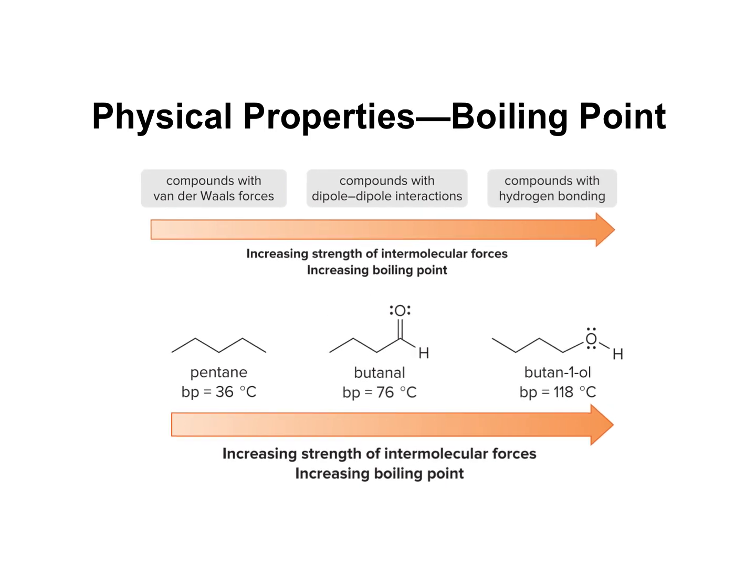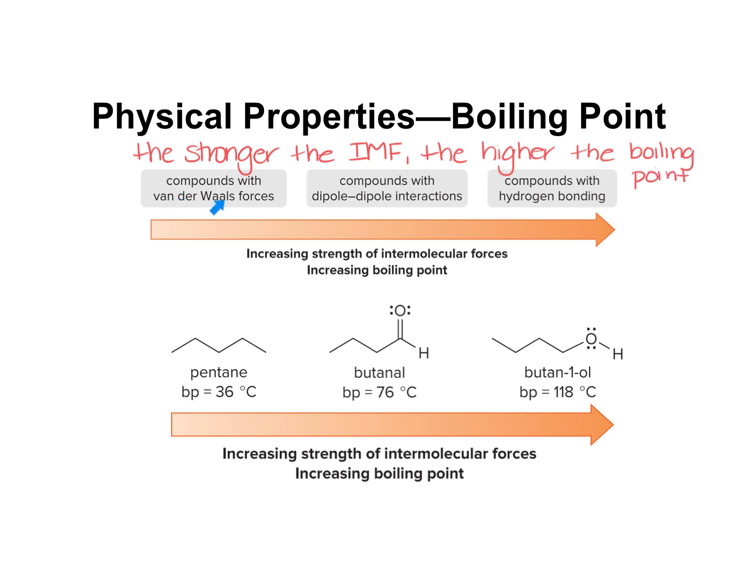Okay, and so that means for us, the stronger the intermolecular force, the higher the boiling point. So that means compounds with van der Waals forces will have a lower boiling point, then dipole-dipole, then hydrogen bonding.